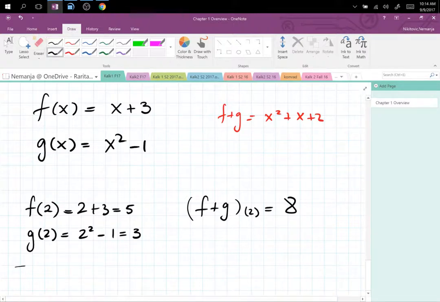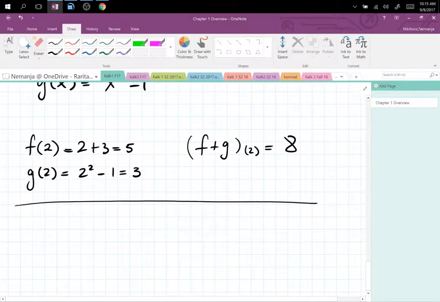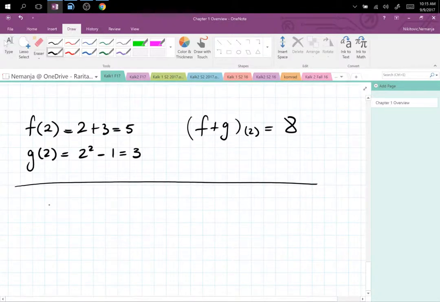The next part is graphing. Oh, no. Sorry. Hold on. The next part is the function composition. Extremely important. Title.